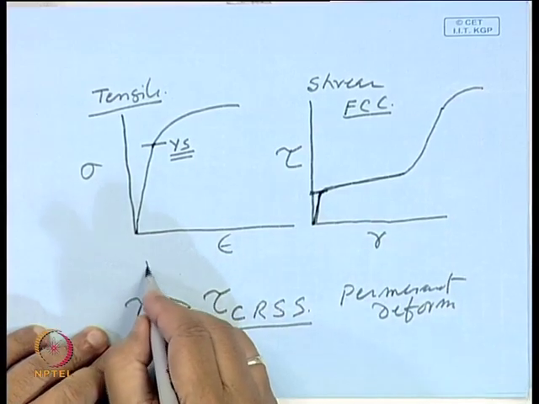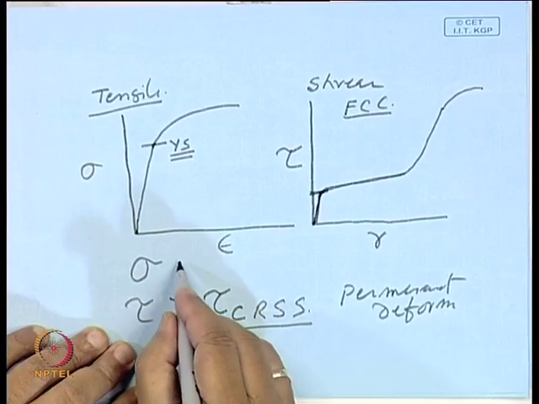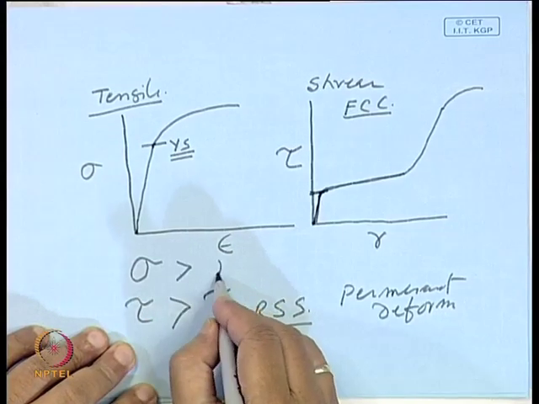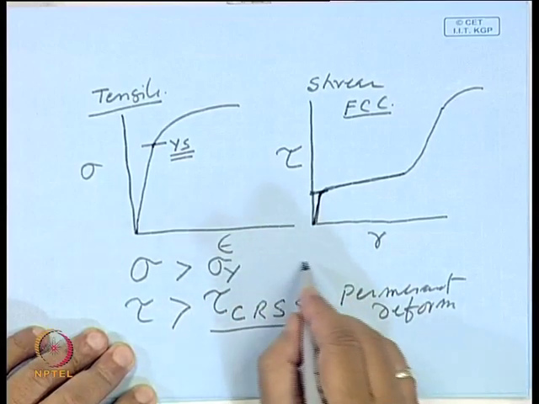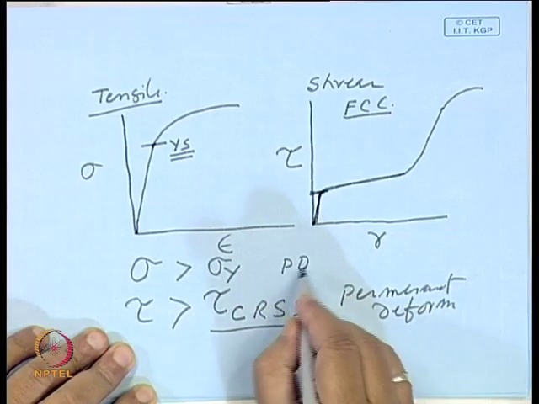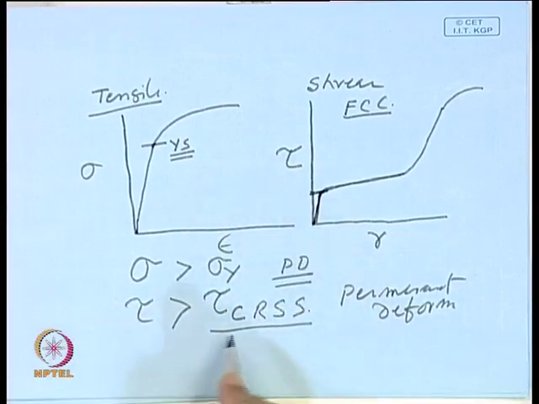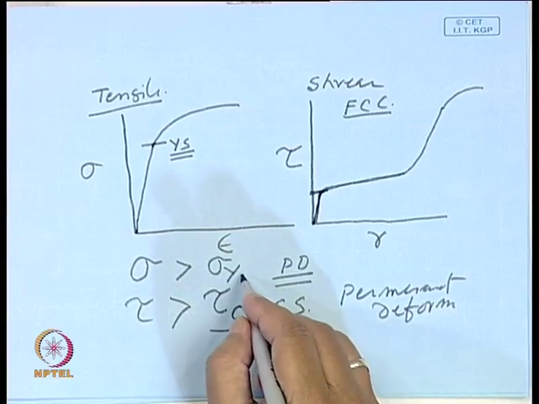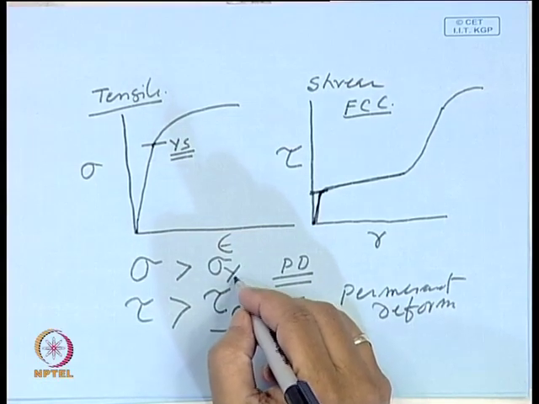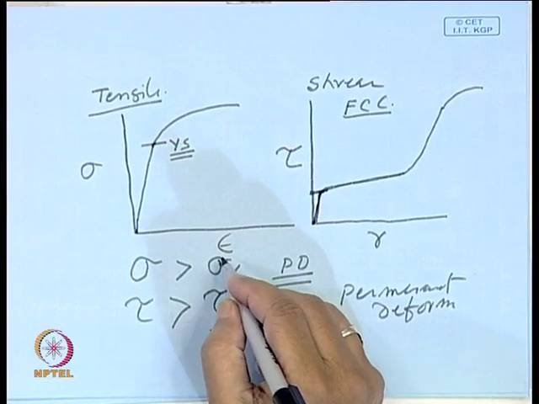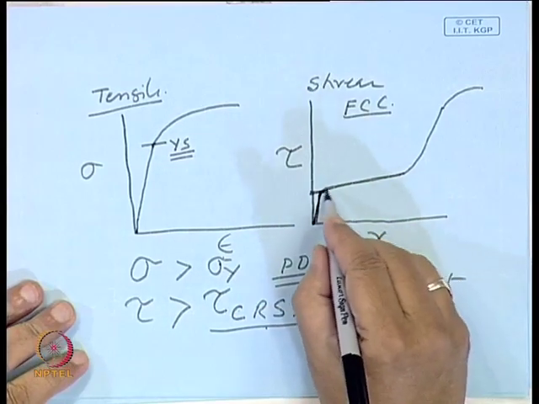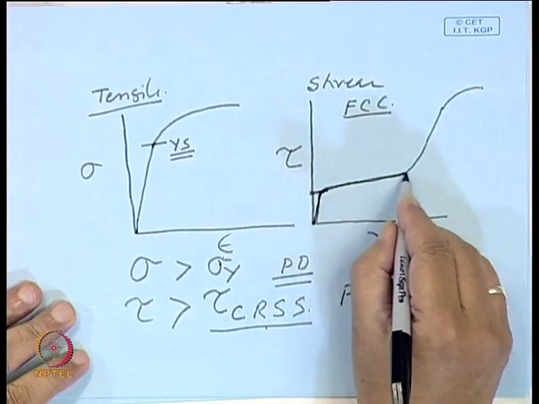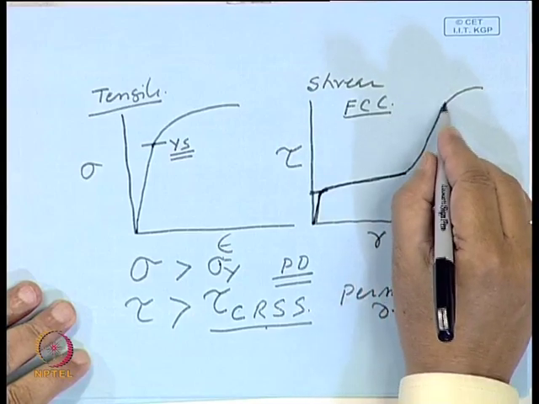That means, with respect to polycrystalline material, when sigma is greater than sigma y, you have permanent deformation, plastic deformation. So, this has a similarity, has a relationship between sigma y and critical resolved shear stress. Now, you may wonder, why does the slope change?